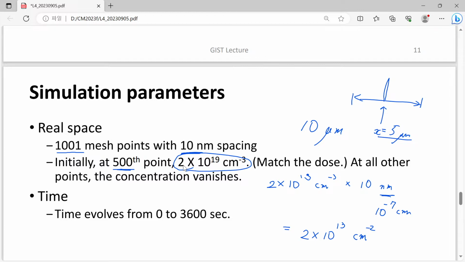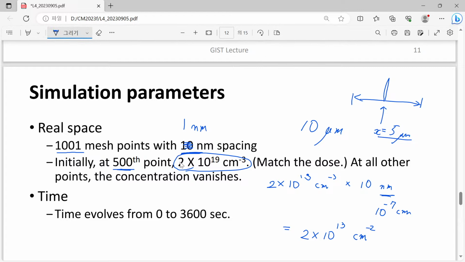Since we have 10 nanometer, this delta-like profile can be approximated as 2 times 10 to the 19 per cubic centimeter. Of course, if we take a bolder approach like 1 nanometer, then your initial condition should be 2 times 10 to the 20.